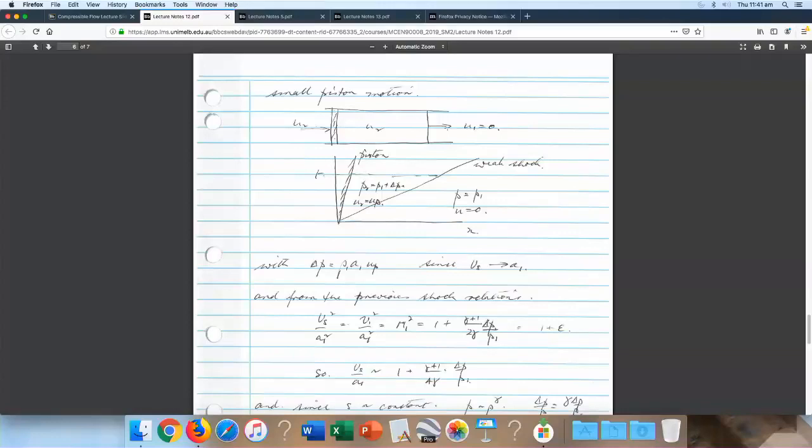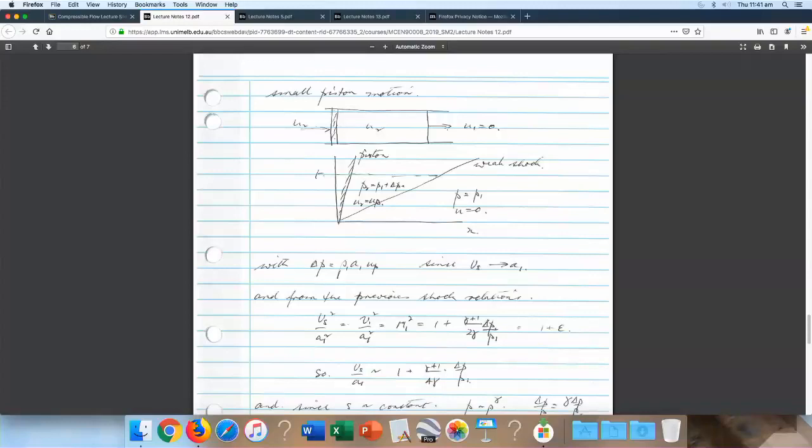Now, what happens when this weak shock wave comes to the end of the pipe? So if it's a closed end, it's obvious. It's a closed end, the velocity has to go to 0. So you have to reflect the wave back. And so your question is, what happens if it's an open end? Well, you think about that.